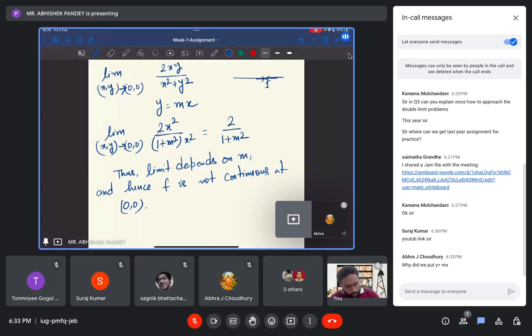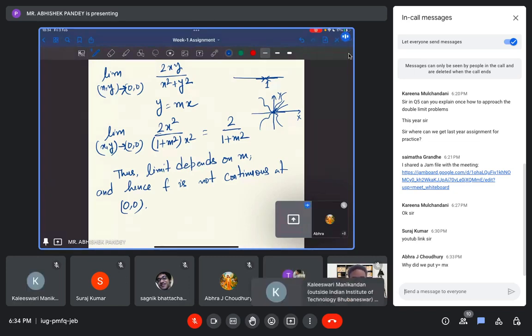But in several variables, like a 2 variable case, when you are approaching 0, you can approach from the x-axis, and a lot of paths are there. So if you choose a path and this limit depends upon the path, it means f is not continuous. Is it clear to you?